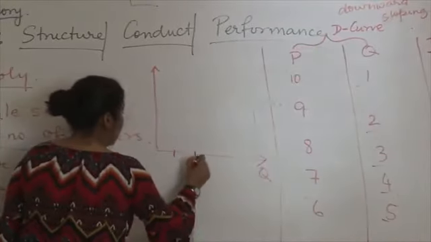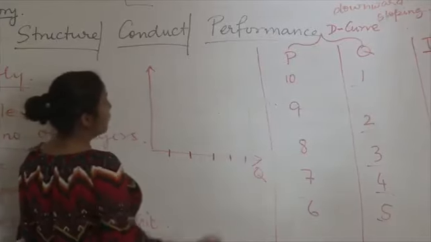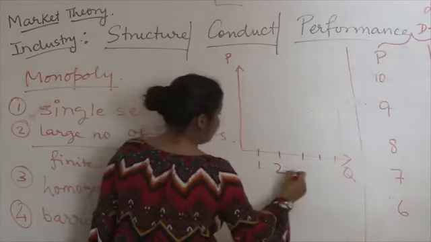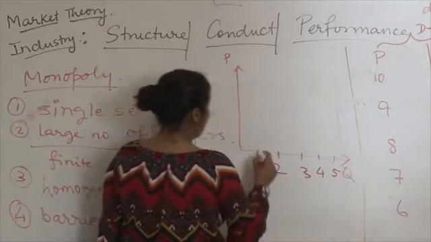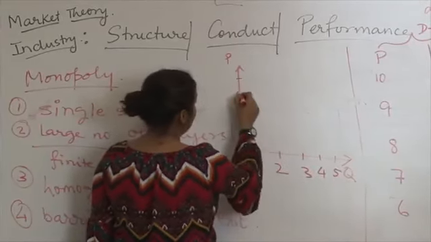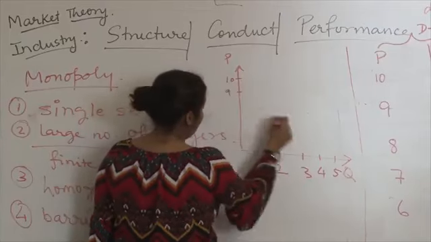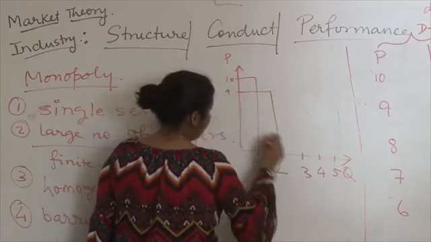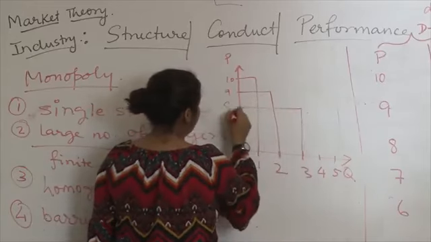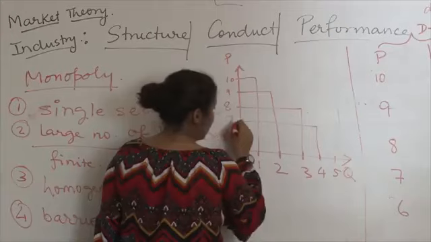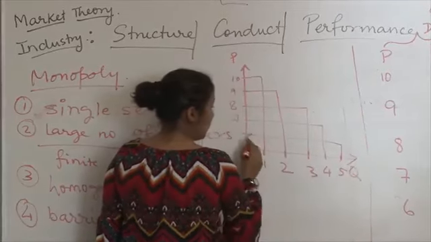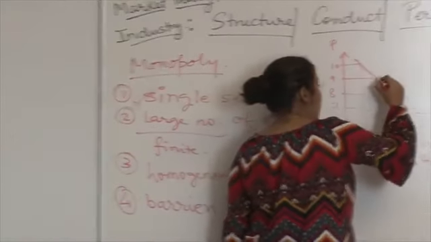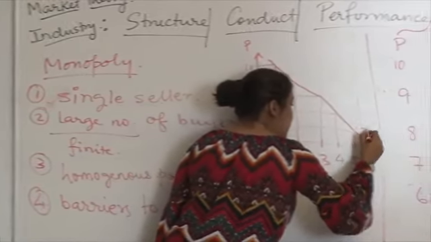If I am trying to plot price here, then for this it will be 10, 9, ... 6, correct. And if I join those points, what I am going to get is the demand curve.